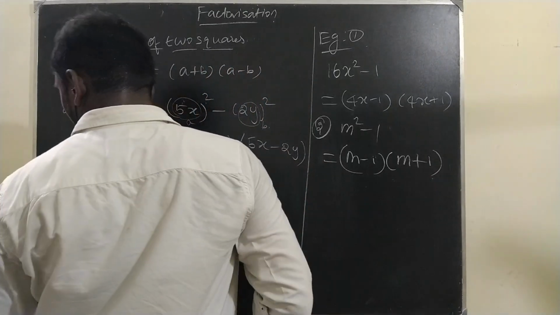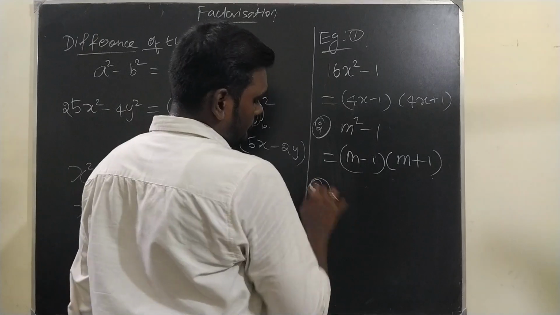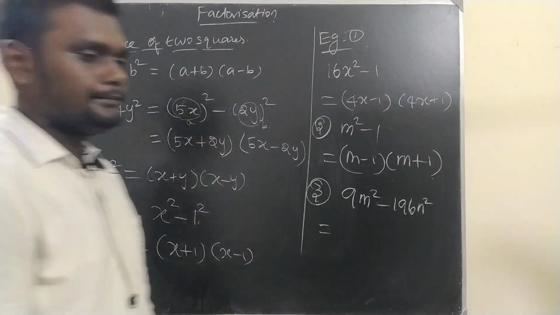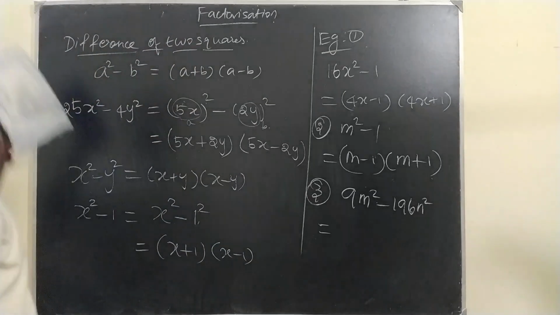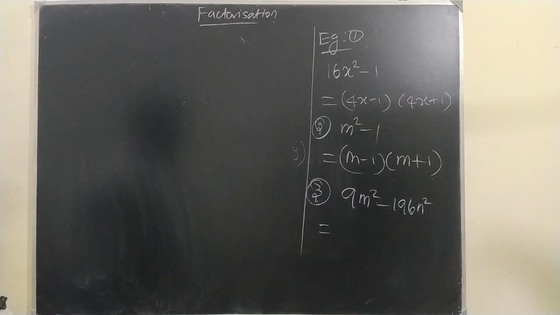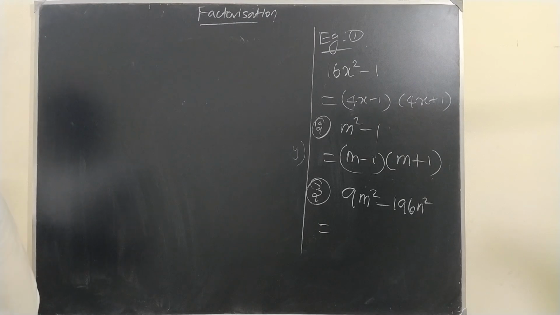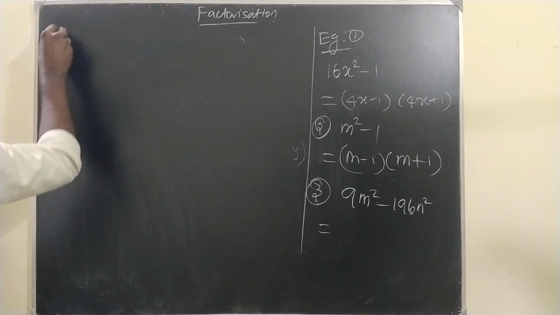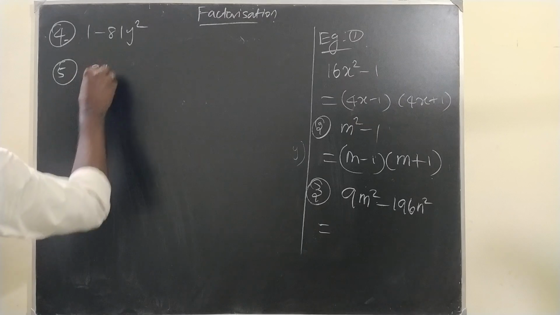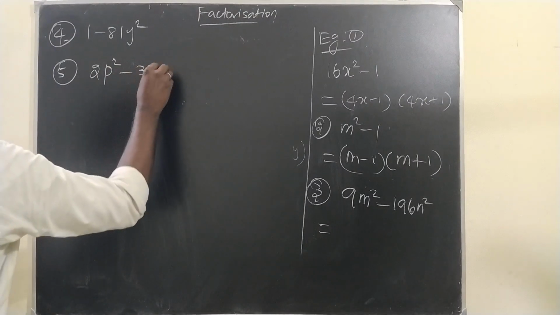Perfect. Then the other ones: 9m square minus 196n square, and 1 minus 81y square, and 2p square minus 32q square.